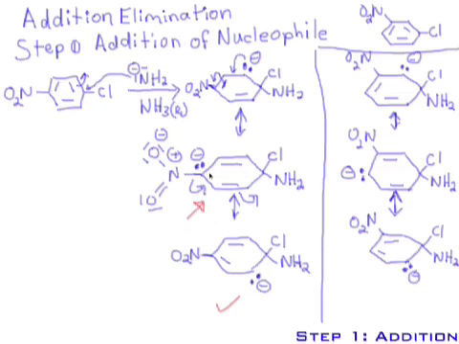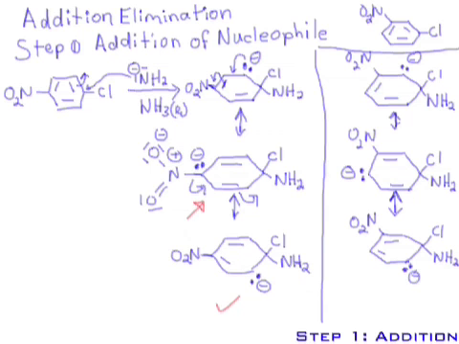This resonance contributor is especially stable because the carbanion, the negative charge, is next door to a positive. The positive charge helps stabilize the negative. Because nitrogen is so electronegative, it helps stabilize the negative charge, making this resonance structure more stable than any of the resonance structures in the meta case.